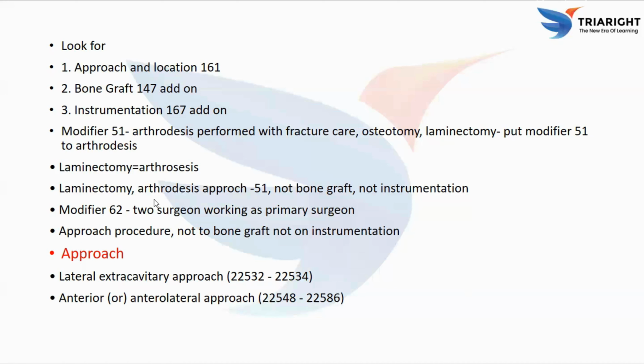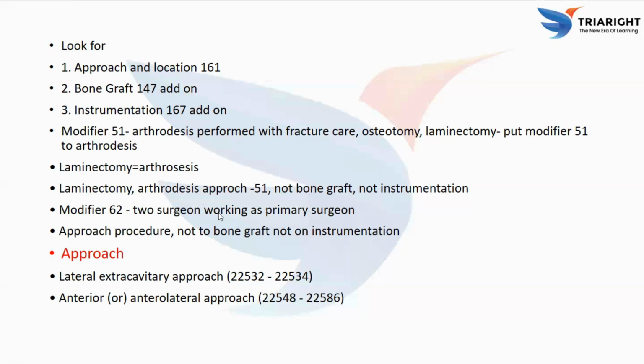And next is the laminectomy plus arthrodesis relationship. What is the relationship between laminectomy and arthrodesis? Laminectomy is a removal of part of the vertebral bone. It is often done to decompress the nerves and is frequently performed with the arthrodesis. So what is the coding rule? Laminectomy plus arthrodesis, append modifier 51 to arthrodesis.